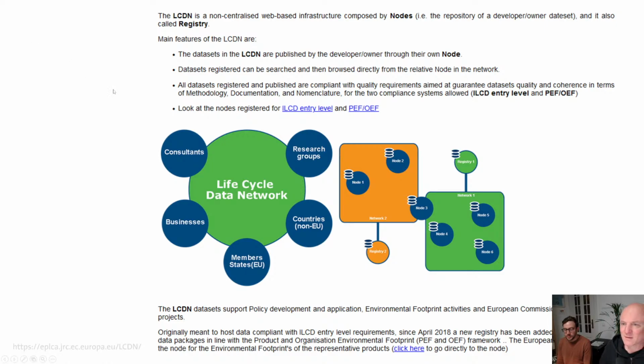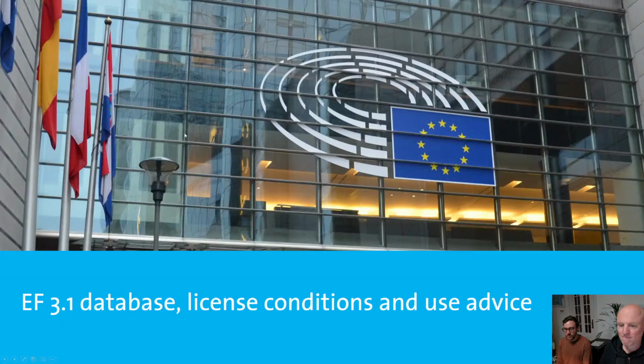And I didn't type it, but you see here that there's a very bold statement: all dataset registers are compliant with quality requirements aimed at guaranteeing dataset quality, and there are some typos, but dataset quality and coherence in terms of methodology, documentation, nomenclature for both ILCD and PEF, or EF and OEF. And yeah, that is the basic idea. We come to this in also some slides later.